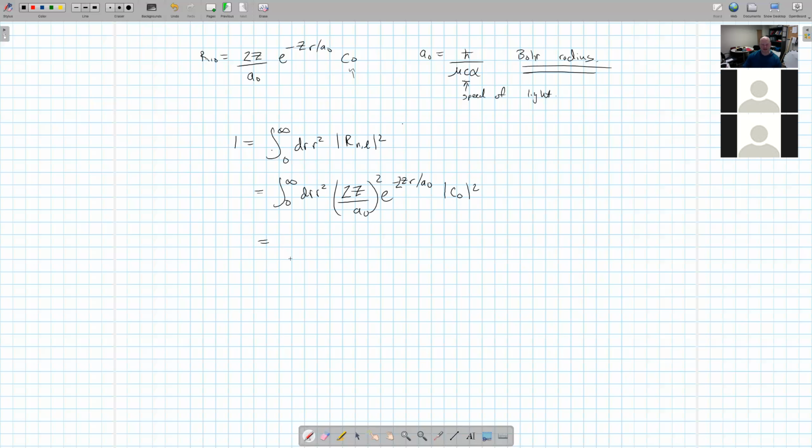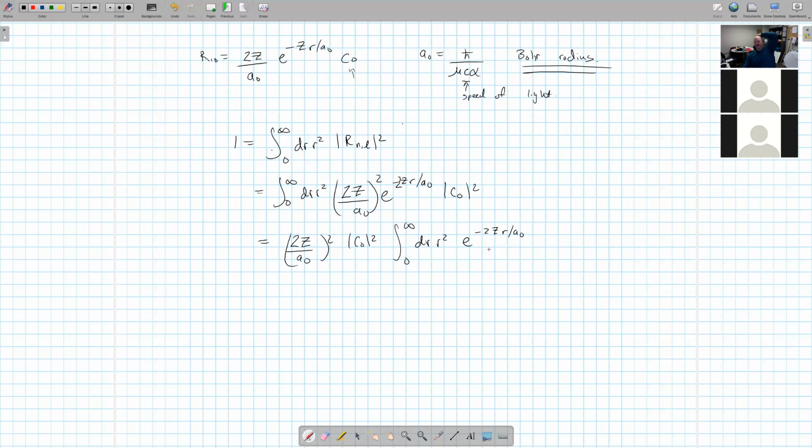So most of the stuff is constant, so I can pull that out. So this is going to be equal to (2Z divided by a_0) squared times modulus of C_0 squared times the integral from 0 to infinity of dr r squared e to the minus 2Zr divided by a_0.